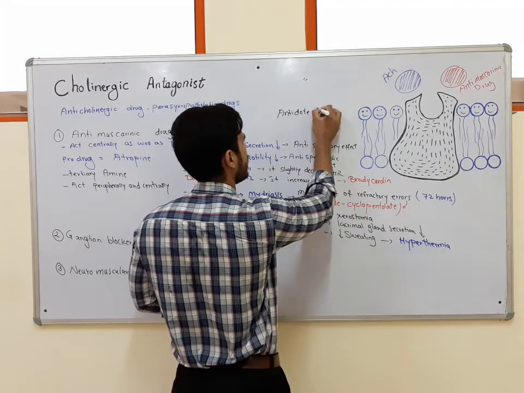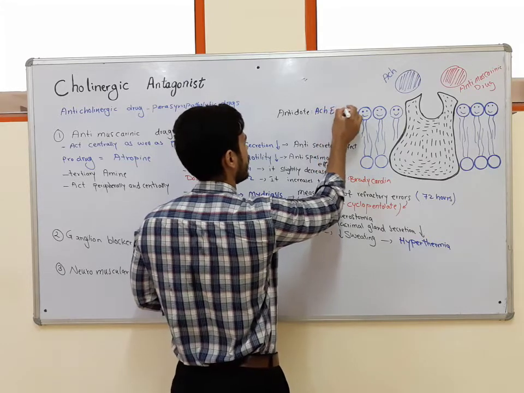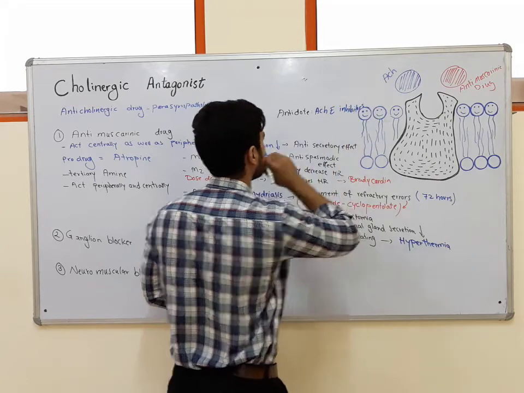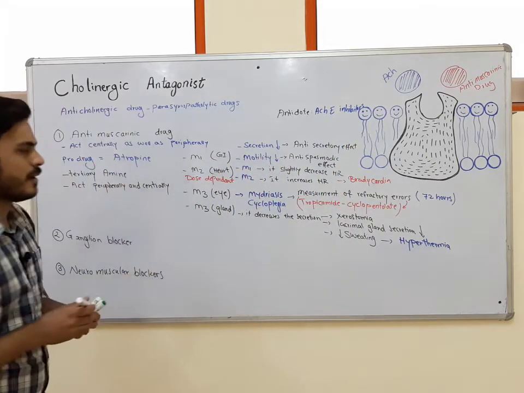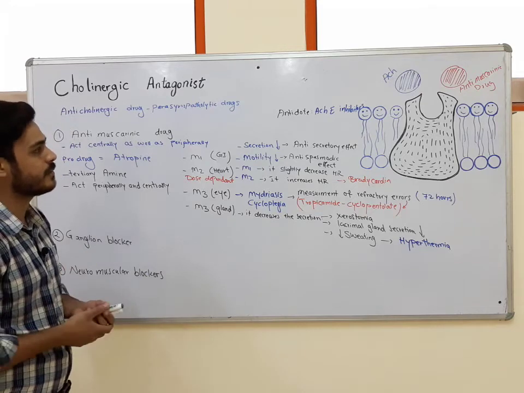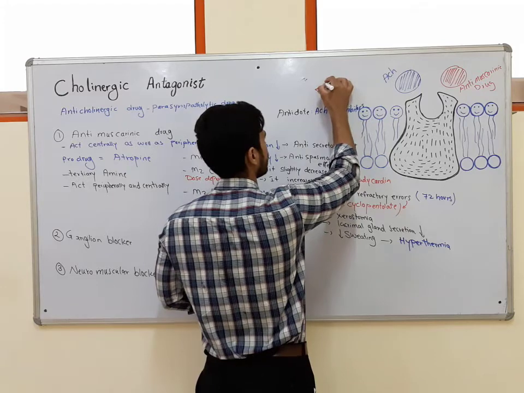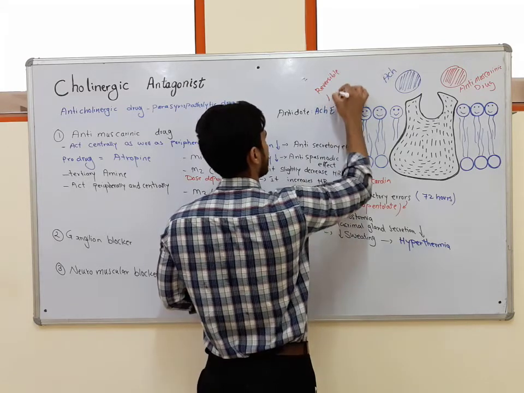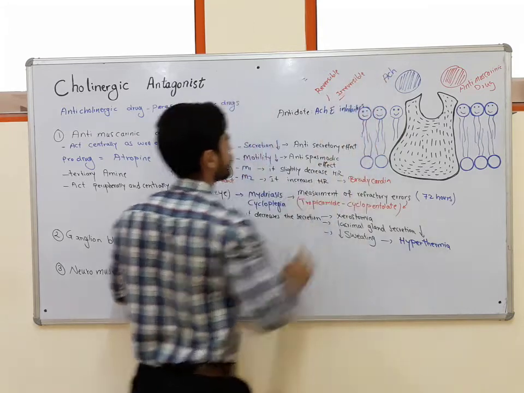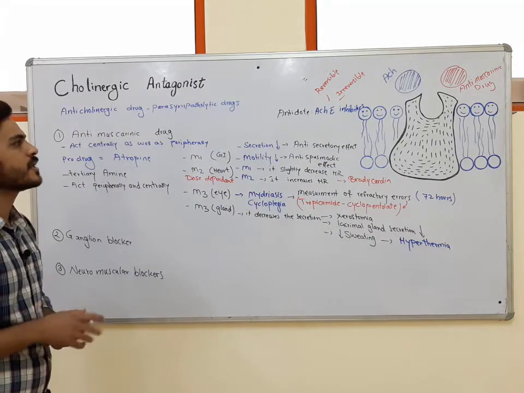For both classes of acetylcholinesterase inhibitors, the reversible class and the irreversible drugs, we can give atropine. This was another indication of atropine.